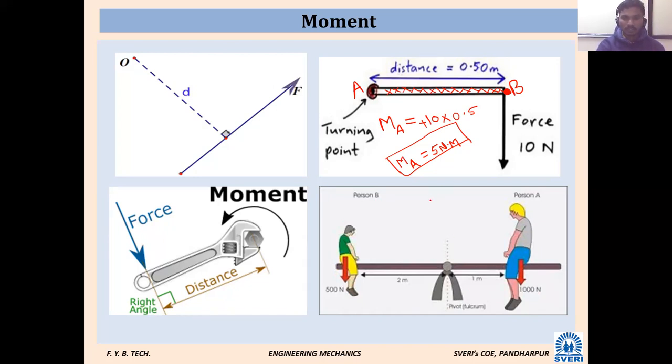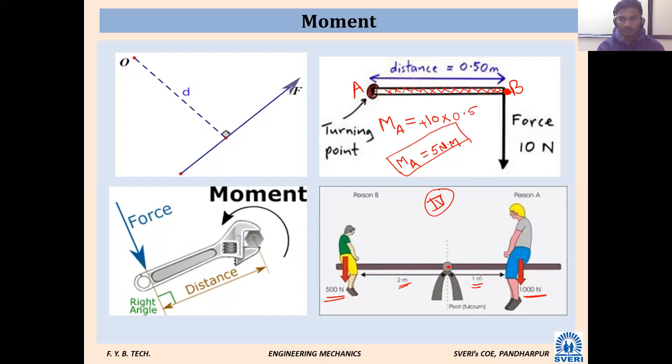What it is called, I don't know exactly, but you can see. What will happen if you see the moment? Here the distance is 2 meter, here it is 1 meter. Whatever force is applied by him, it is 100 Newton, and here by him it is 500 Newton. So what will be the moment, means the rotational effect, on that particular object?